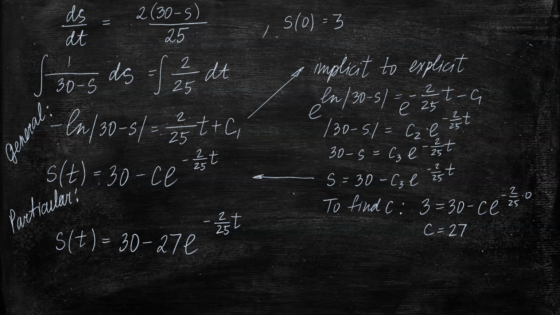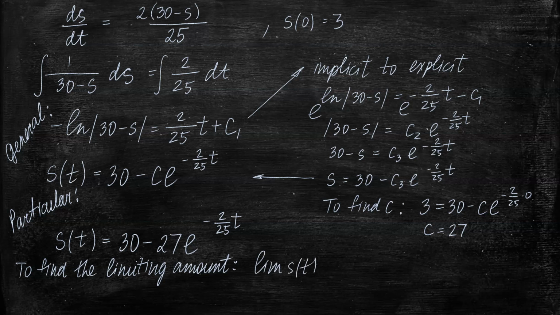And in other words, as the actual word limiting suggests, it asks us to find the limit of this function as t goes to infinity. And luckily, we do know how to find any limit.